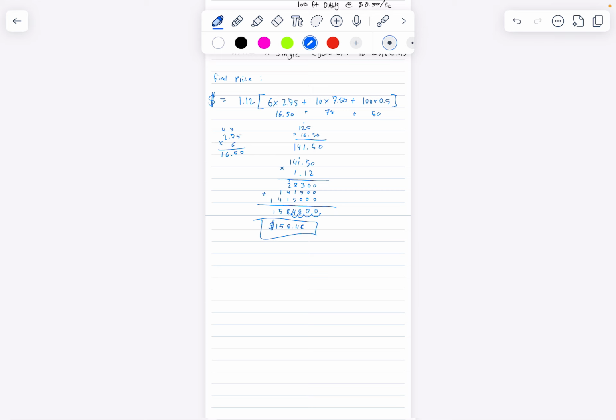I hated that, to be honest with you. I really did. But in my experience, carrying it four times past the decimal point is usually more than accurate enough in most cases.